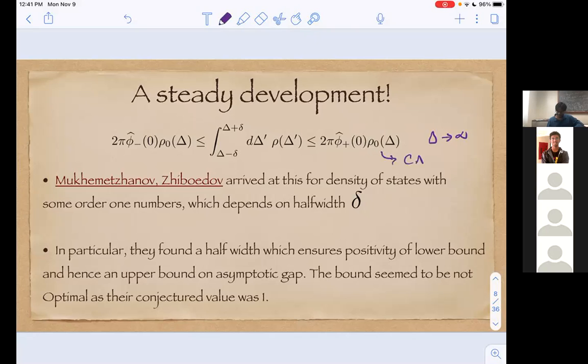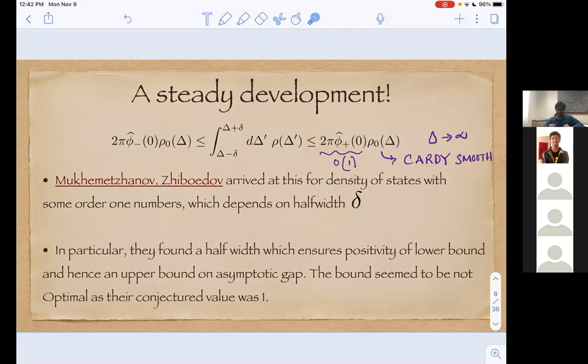This is the Cardy thing, and this is smooth. And then there are some order one corrections. And then they can show that the number of states always stays in between some order one number times Cardy growth, and also upper bounded by some order one number times Cardy growth.